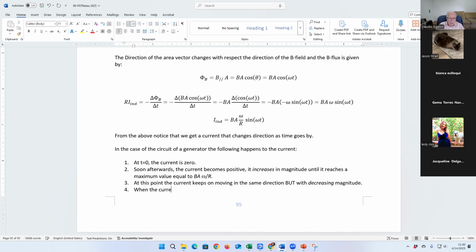When the current reaches zero, because of this term here of sine omega t, it reverses its direction and becomes negative.